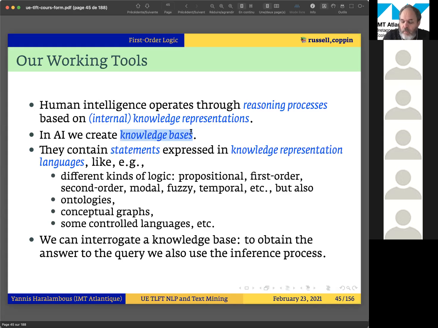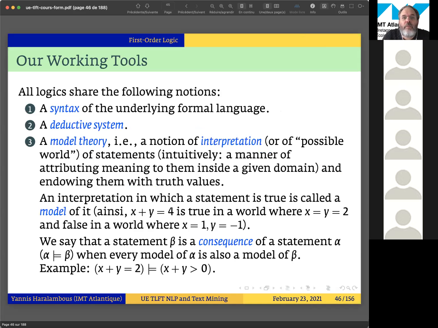So I hope now I made the difference clear and you see why we will use first order logic.